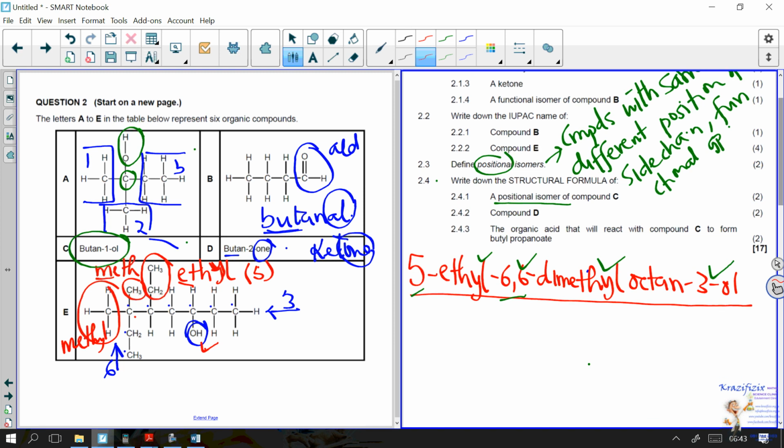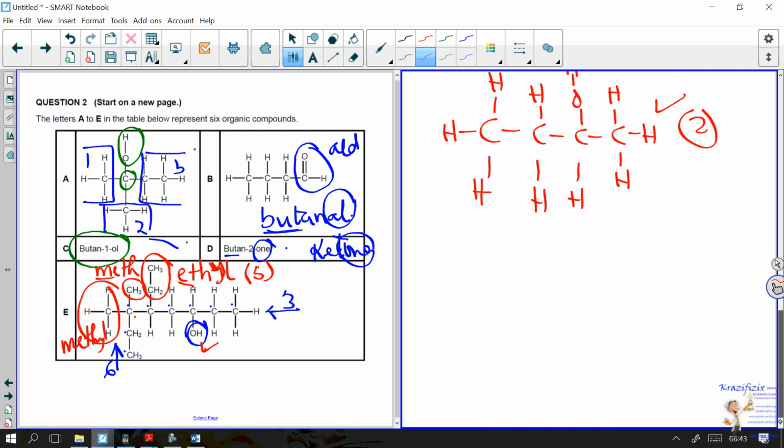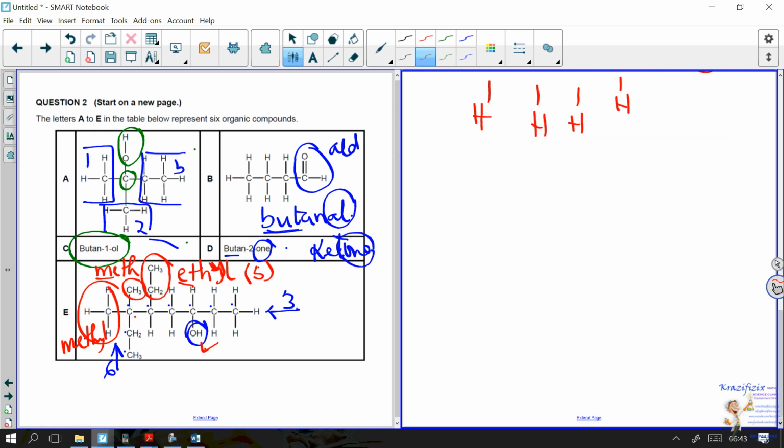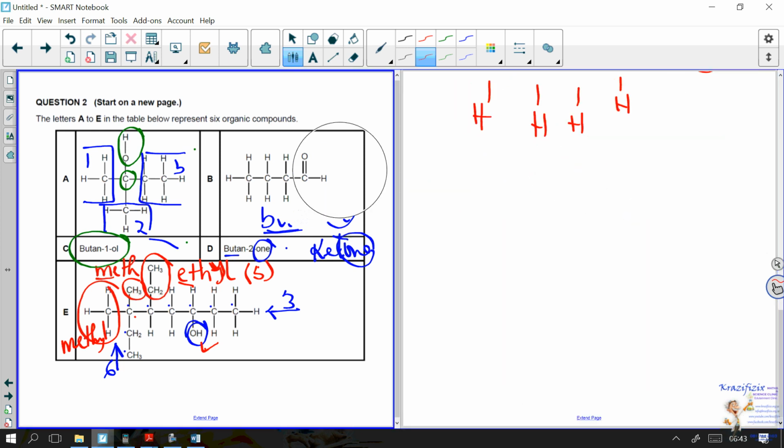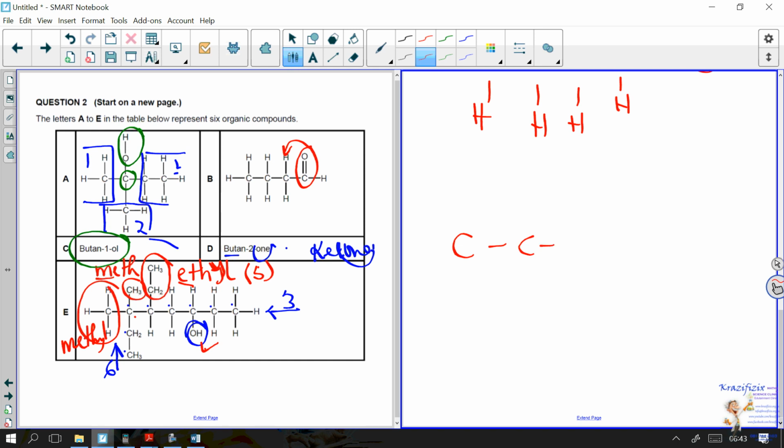structural formula of compound D. Look at my D. Butan-2-one. It's a ketone. Compound D. All right. It is actually the same. I'm going to use my B to draw my compound D by moving this into the middle. So I could have 1, 2, 3. Now I have this here.